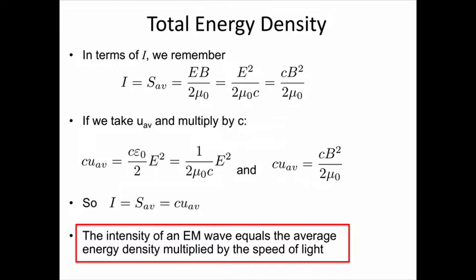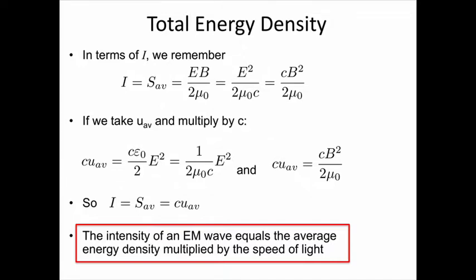Now we want to relate energy density to the intensity of the field. We saw how the intensity was related to the amplitudes of the electric and magnetic fields E and B. These expressions look quite similar to the ones for energy density. In fact, if we take the energy density equations and multiply them both by c, we find that they equal the equations for intensity, as long as we remember that c squared equals 1 over mu naught epsilon naught.